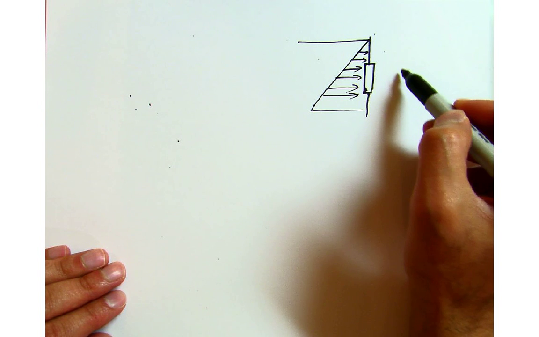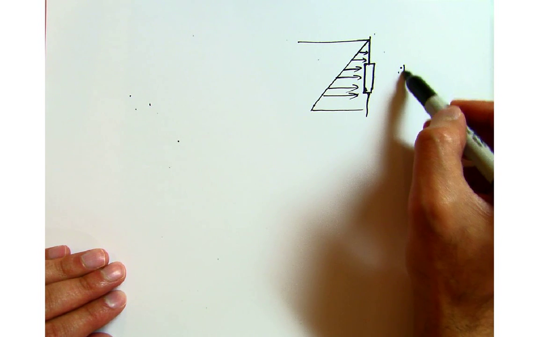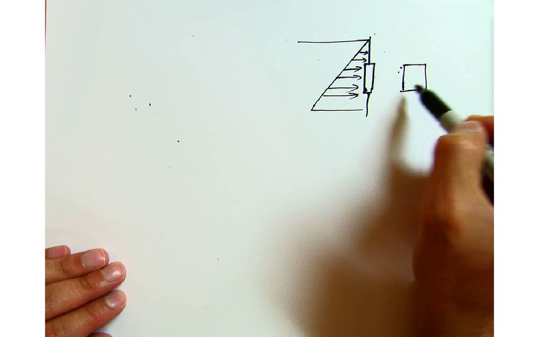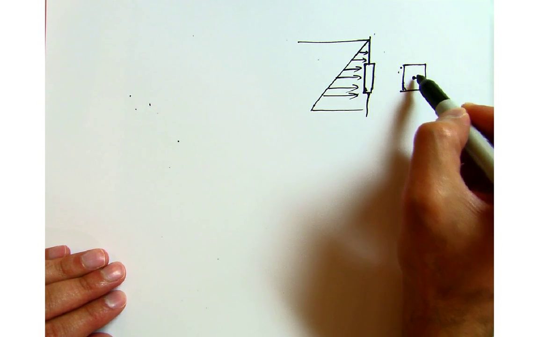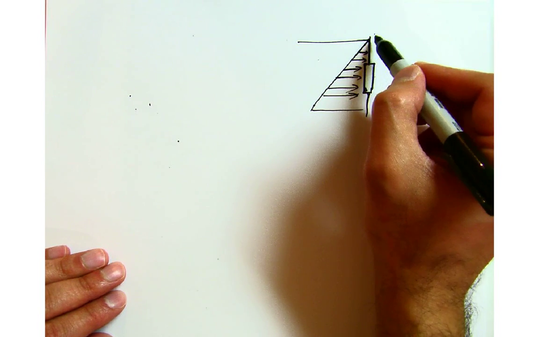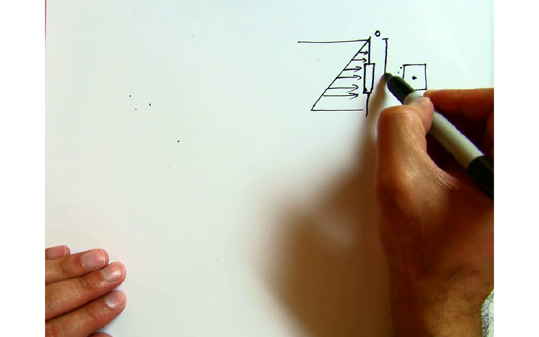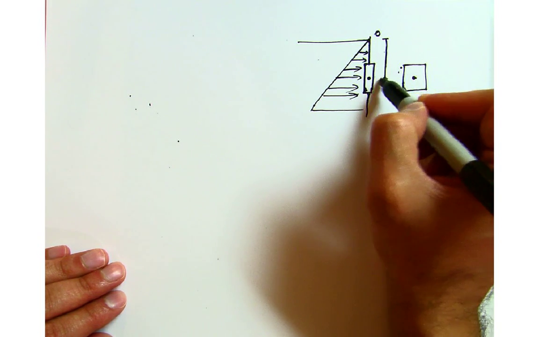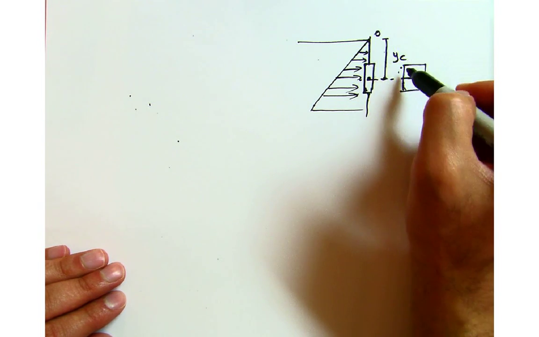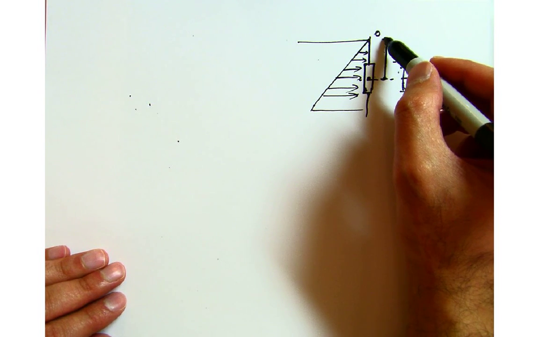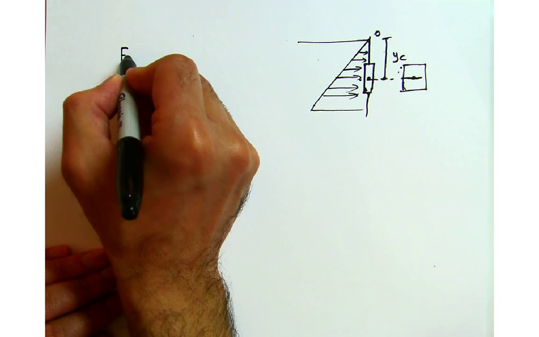This could be a circular gate, a rectangular gate, or a square gate, but just for convenience I'm making this a square or rectangular shape. The center of this will be the centroid, and this point is O, and the distance from here to here is y_c. So the distance from the surface to the centroid is represented by y_c, and I can find the resultant force.